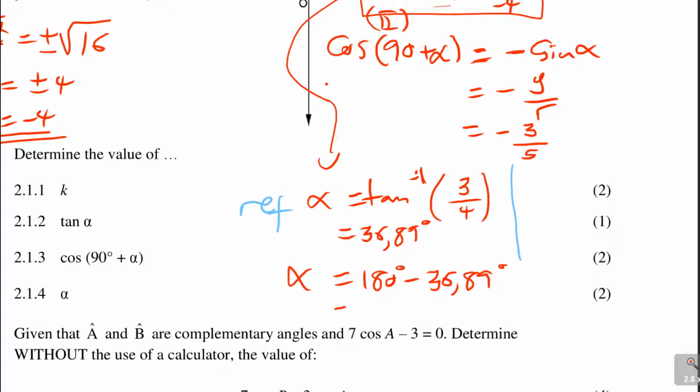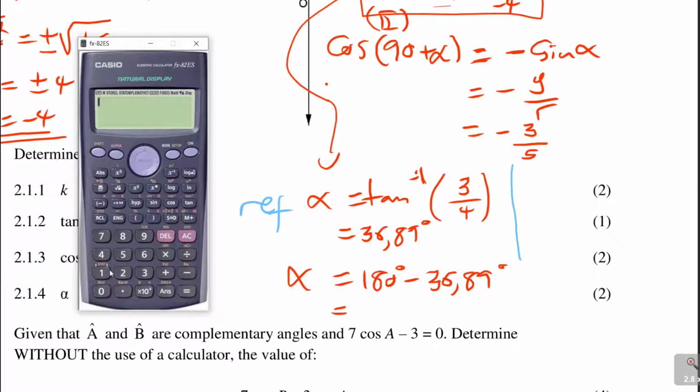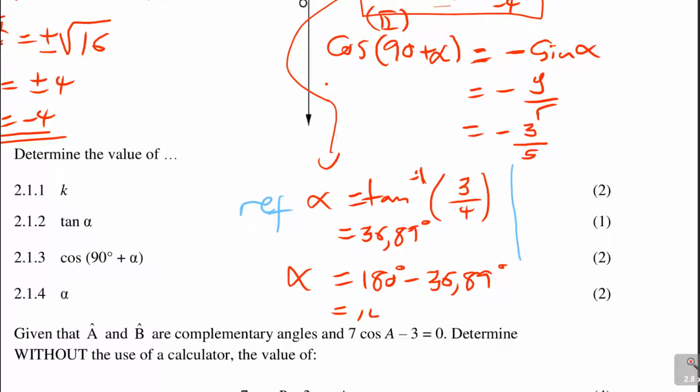Then you will get the actual angle. You can see that it's obtuse there. It's not acute. 180 minus 36,87 gives us 143,13 degrees. So that's very important.